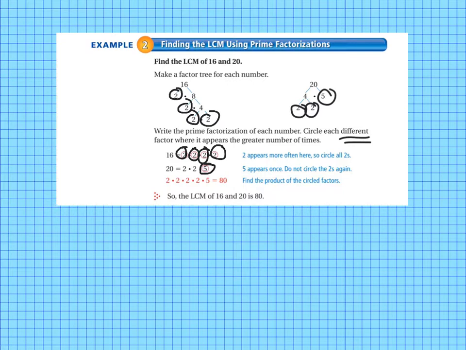And then we write down all of our circled numbers. We have 2 times 2 times 2 times 2 times 5. And even though it seems like that multiplication might be really hard, we already know that 2 times 2 times 2 times 2 equals 16. And then we just need to multiply 16 times 5. And 16 times 5 is 80. So our least common multiple of 16 and 20 is 80.